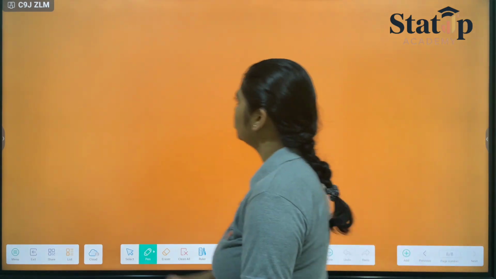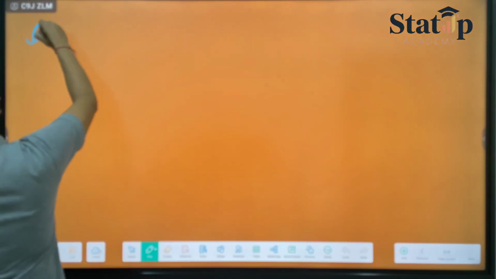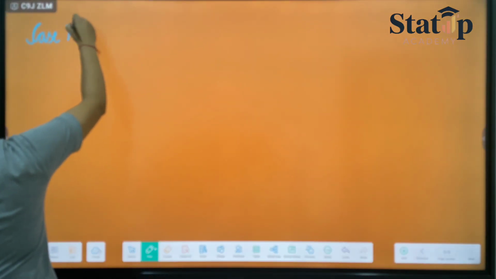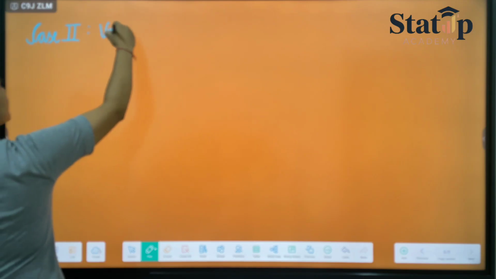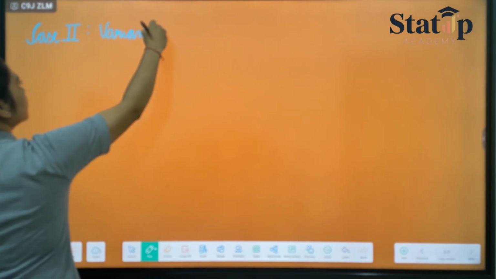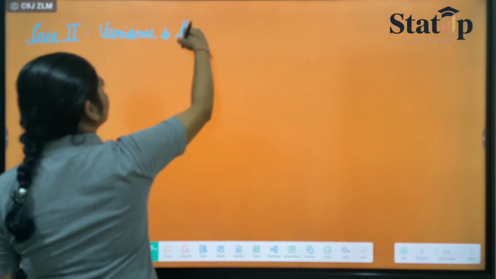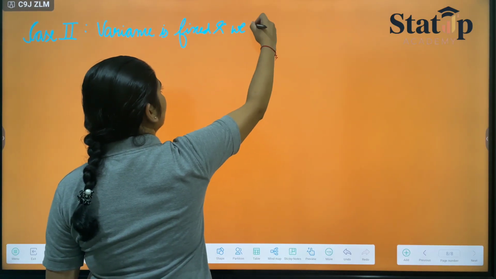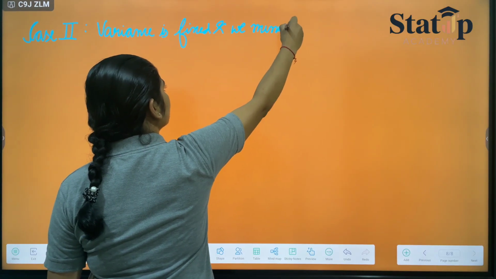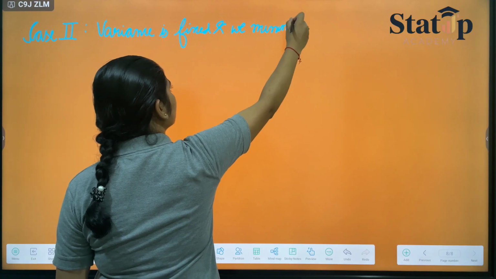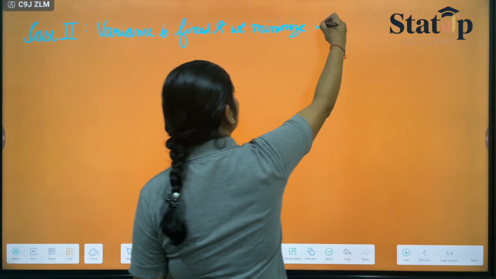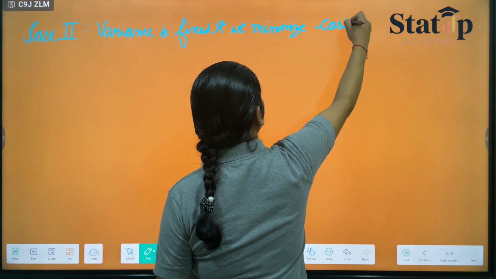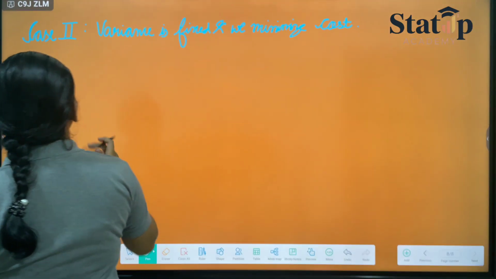Now for case 2, variance is fixed and we minimize cost. So variance is fixed.